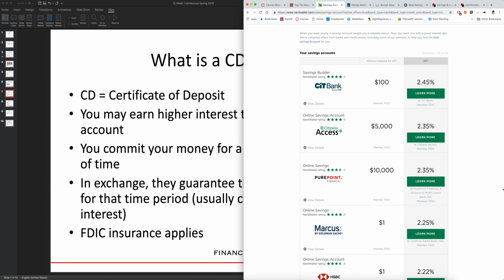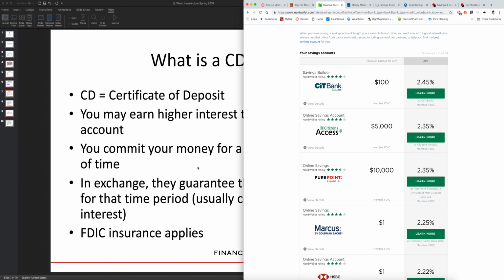Now, these guys know this, and they know that they risk losing you the minute they reduce their rate. But they also know that if they stay fairly close together in their rates, they kind of move together, you're probably not willing to move if you're only going to get an extra 0.1%. Of course, it depends on how much you have on deposit. So these rates are what they're paying today on these savings accounts.